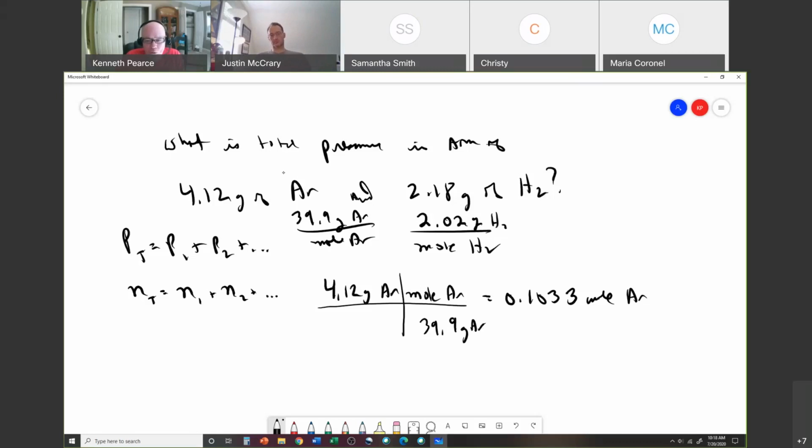And so I look over here and I say 2.18 grams H2, and a mole of hydrogen is 2.02. It's going to be a little bit over a mole.